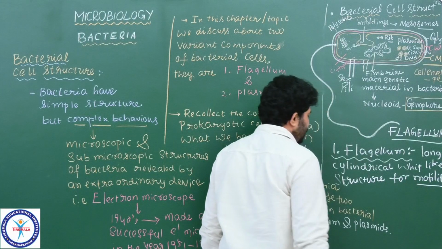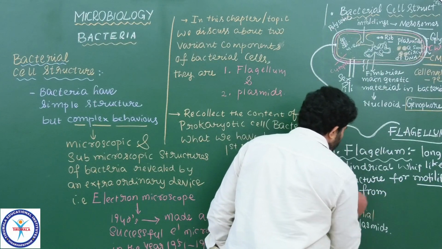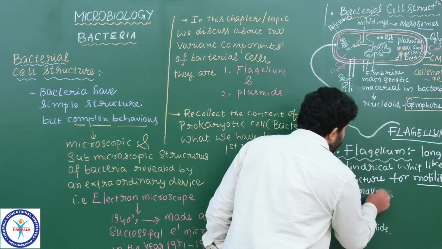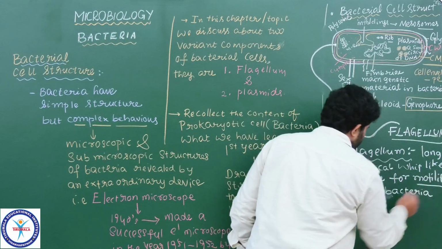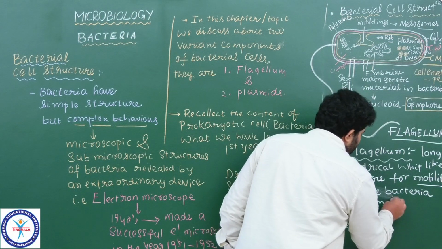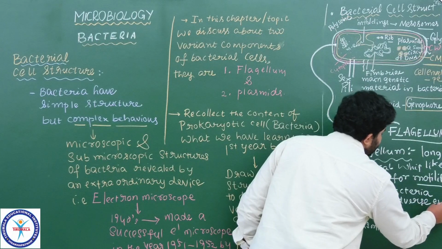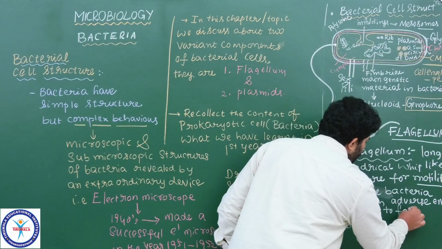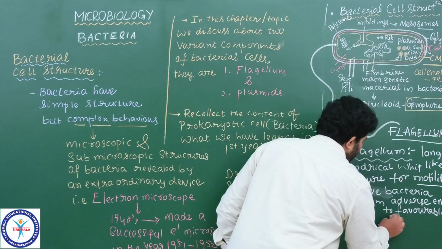Understood, students? So, the structure for motility: you note down, move bacteria from adverse environment to favorable environment.